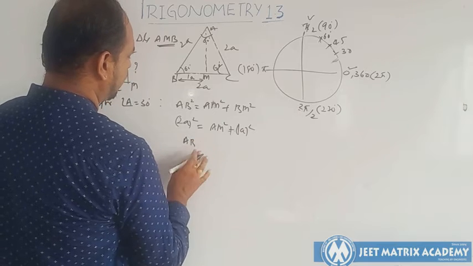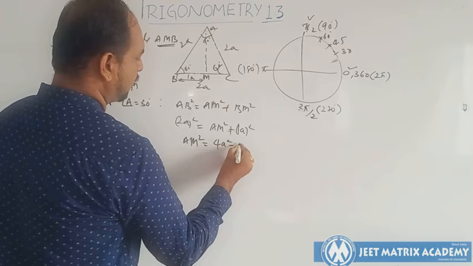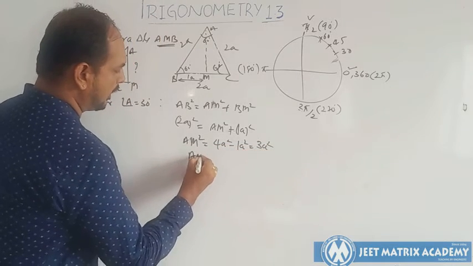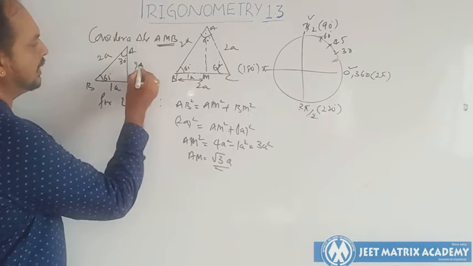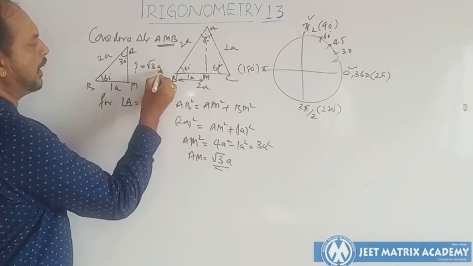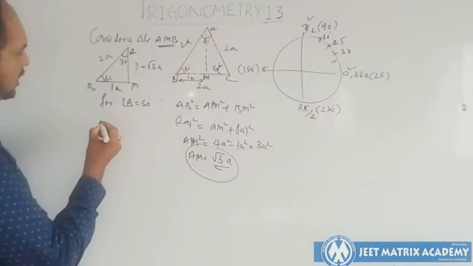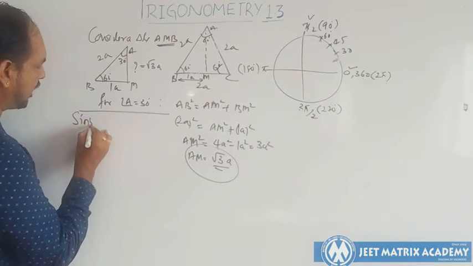So my AM square equal to 4A square minus 1A square, that is 3A square. AM equal to root 3A. So my this distance will be root 3A height. So everyone understood this. Okay, now just define for 30 degree, that is sine 30.